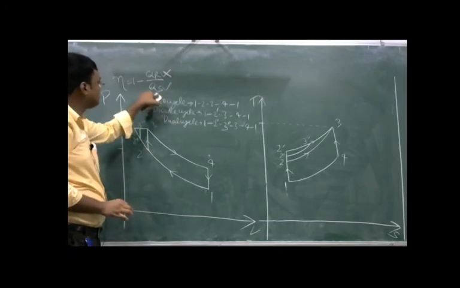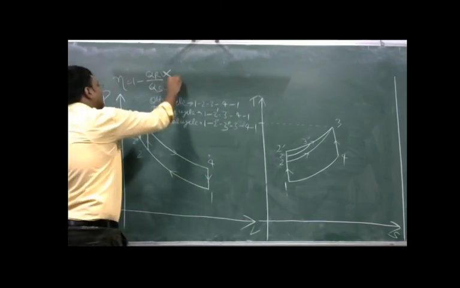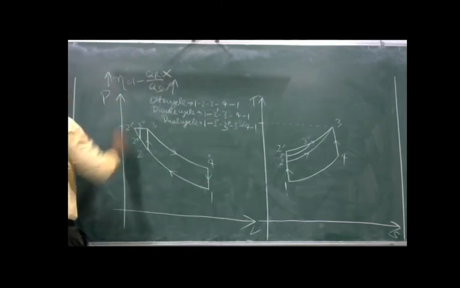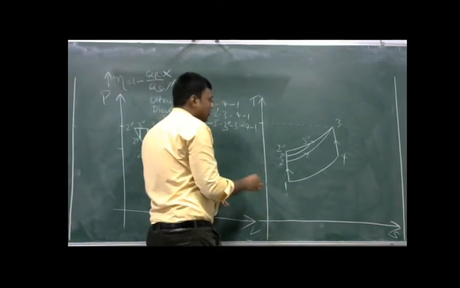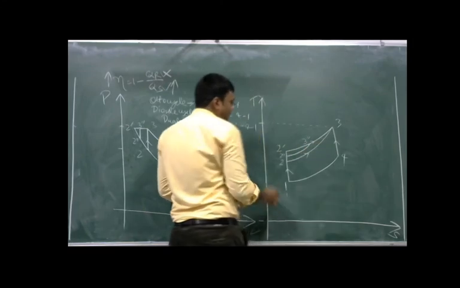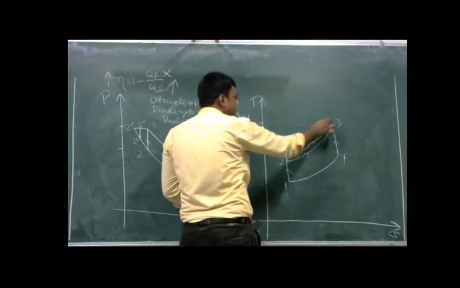If heat addition is maximum, then efficiency will be maximum. So just see the heat addition here. Heat addition takes place for the Otto cycle from 2 to 3, for the diesel cycle from 2 dash to 3, and for the dual cycle from 2 double dash to 3 double dash to 3.